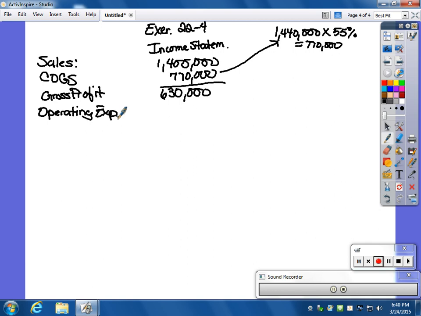Okay, so operating expenses, first expense is salaries, right? But we need to calculate that because it says salaries payable on June 30th are 50,000 and are expected to be 60,000 for July 31st. What is salary that was already paid? Paid was 275,000. And how much were the payables? 50,000, for June.